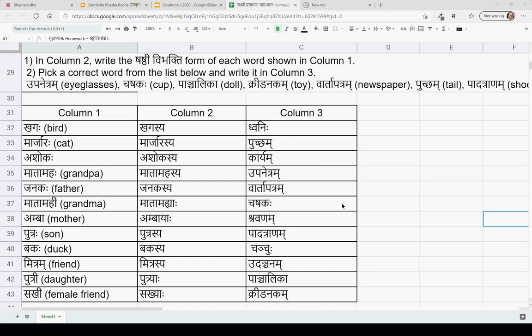Yeah, Kridanakam is like any toy. Okay. And Panchalika is doll. Panchalika, also known as Puthalika. You might know Puthalika is a doll.